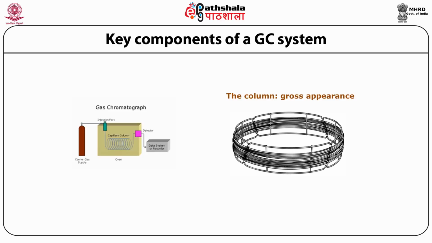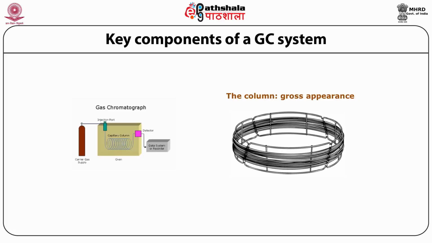Then as it elutes out, the detector will detect it based on whatever principle your particular detector for your analyte mix is, and the data system or recorder will give you an output. This particular slide also shows you the gross appearance of a column.